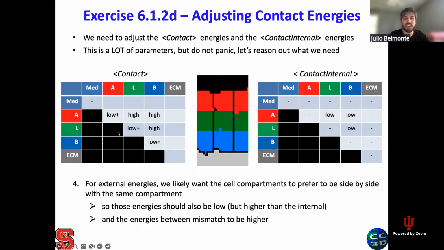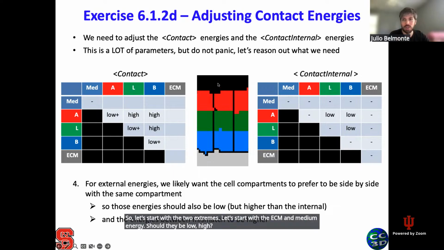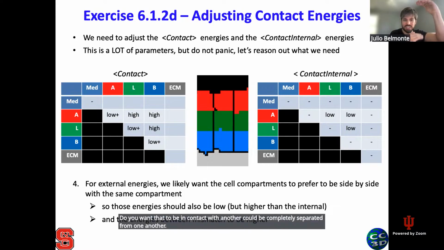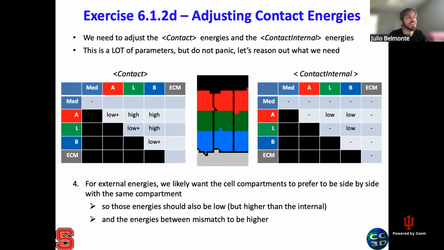So let's start with the two extremes. Let's start with the ECM and medium energies. Should they be low, high? Do you want them to be in contact with one another or be completely separated from one another? Yeah, you never want this to go there. So you want this to be very high, right?